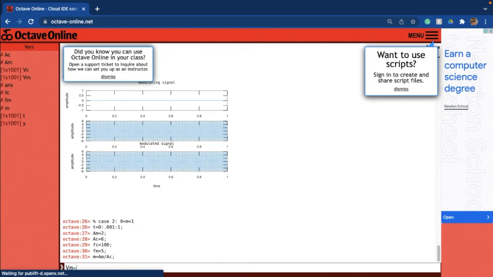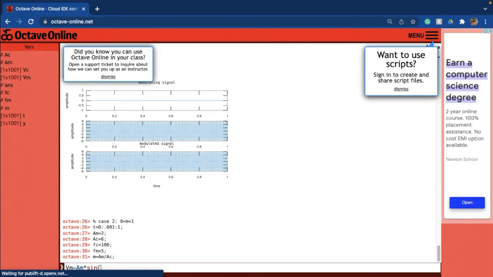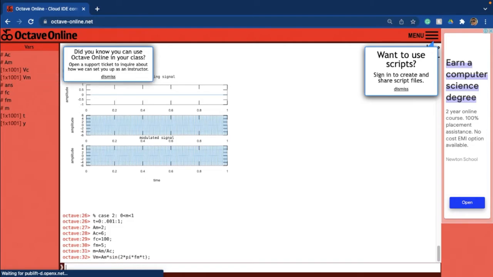Vm is equal to, I'll straight away write, AM sine 2 pi FM T. This is my instantaneous value of the modulating signal, and I'm going to plot it with subplot 411.